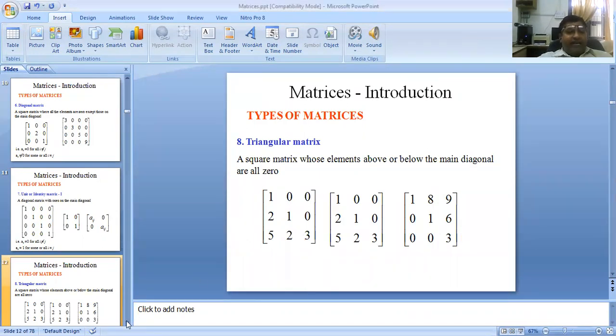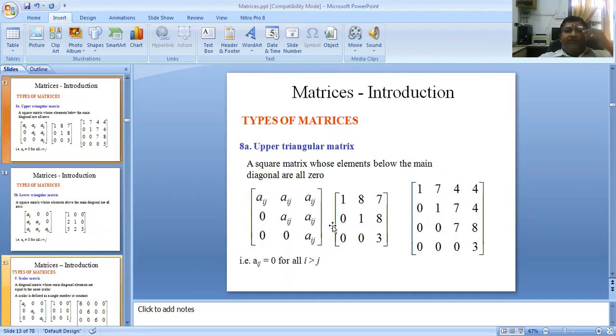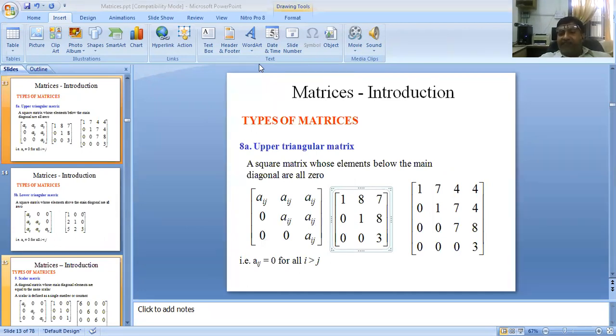Again, in triangular matrices there are two types: one is the upper triangular matrix and the other is the lower triangular matrix. An upper triangular matrix is a triangular matrix in which all elements below the principal diagonal are 0.